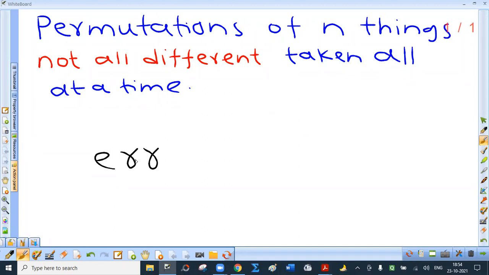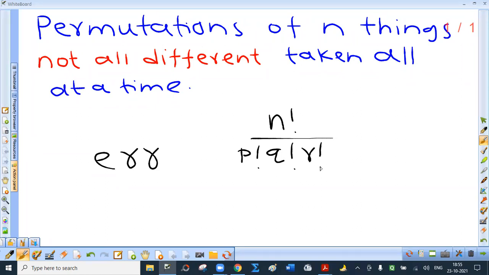And therefore they say that if out of n objects, p things are similar and are of the first type, q things are similar and are of the second type, r things are similar and are of the third type, and the rest are all different, then number of arrangements is n factorial upon p factorial into q factorial into r factorial.